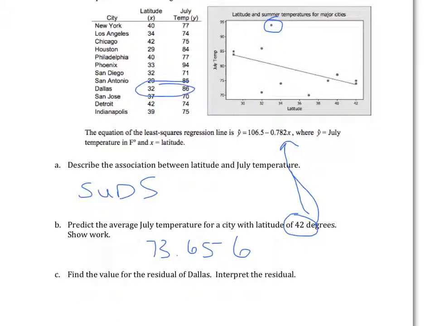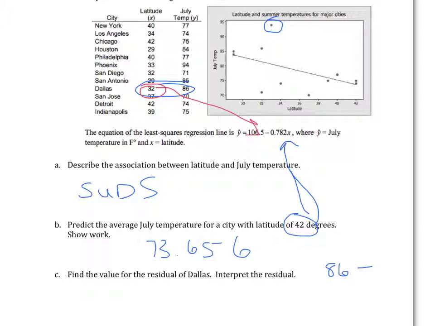The last part of the question asked you to find the residual for Dallas. In Dallas, the actual July temperature was 86, so that's the observed. We need to subtract the predicted. So we need to know for the latitude for Dallas, which is 32, what would the model predict? So we're going to plug 32 into this equation for x.